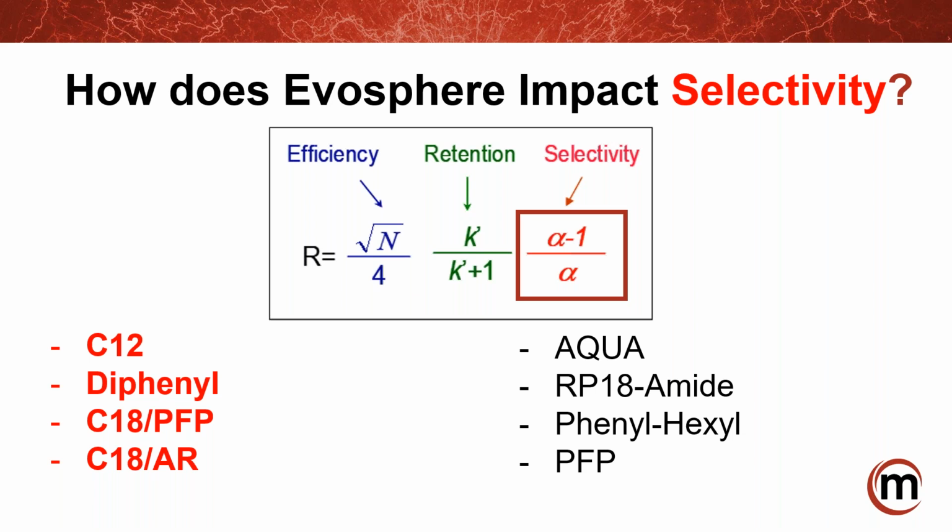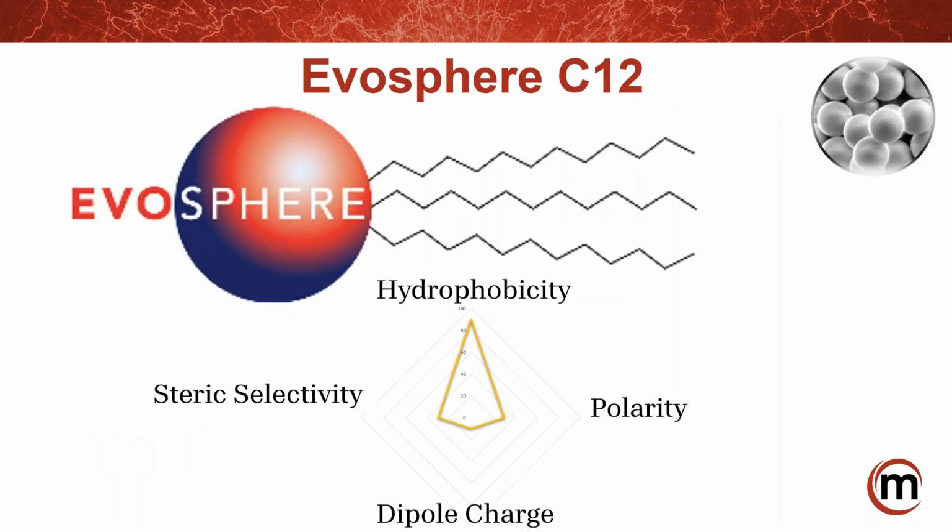Well, I bond different selectivities, different bonded phases that bring different modes of interaction to the party. So here are the 8 commercially available small molecule bonded phases that I can talk about. So here we have Evosphere C12, that's interesting.